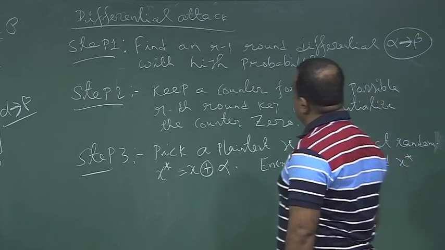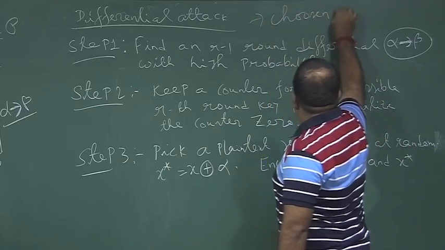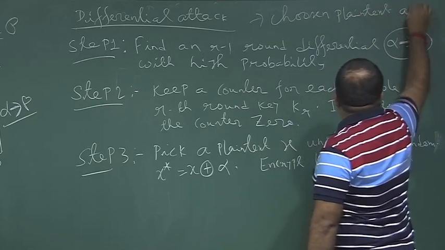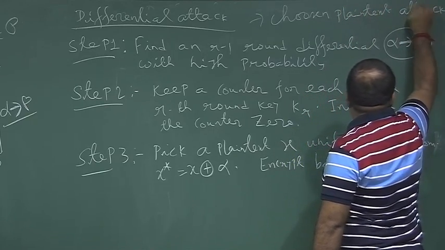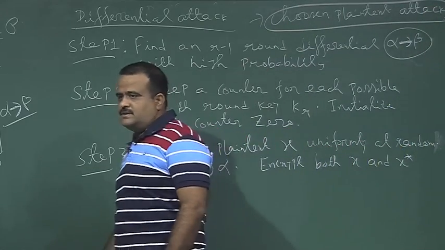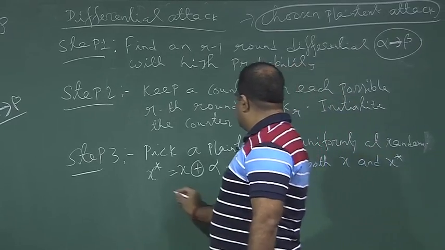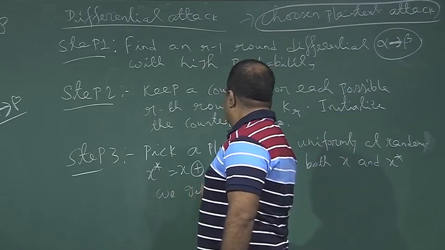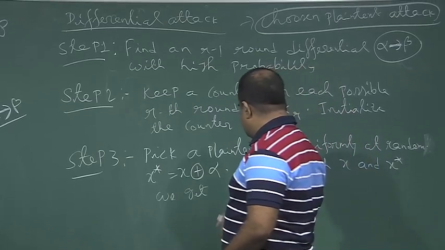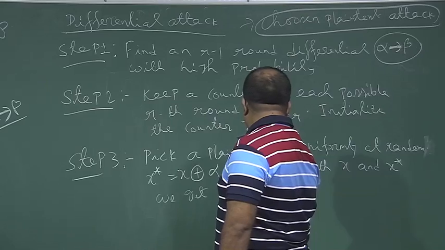This is a chosen plain text attack, because we choose the plain texts in such a way that their difference is alpha, and get the ciphertexts C and C star.